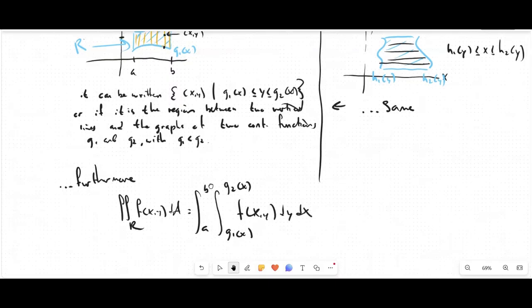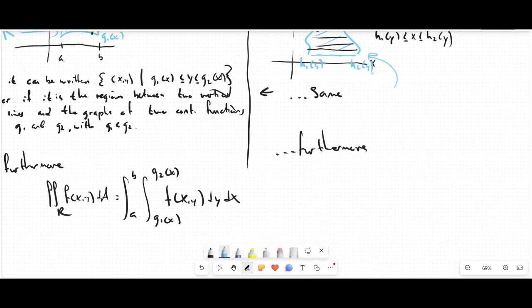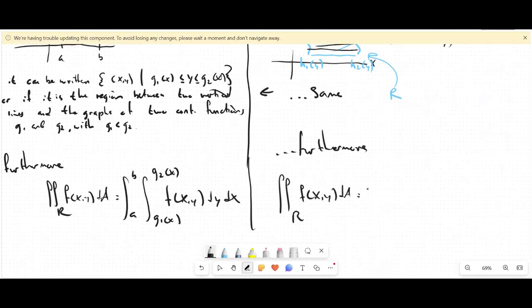And then over here, what we would say, if now that region is R, then the double integral over R of a function f dA can now be written instead.